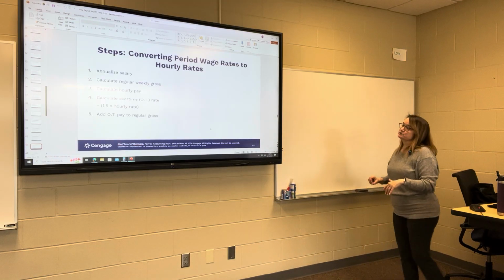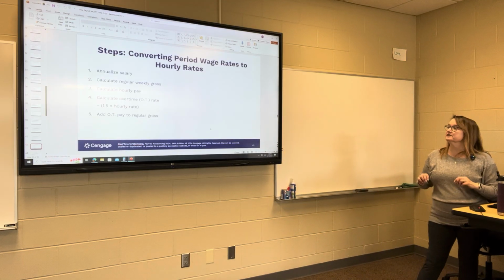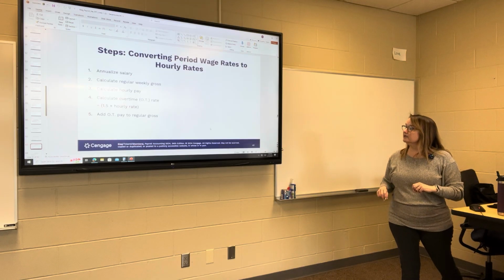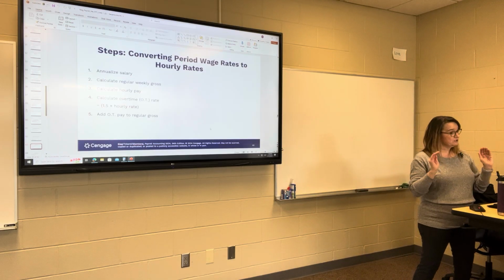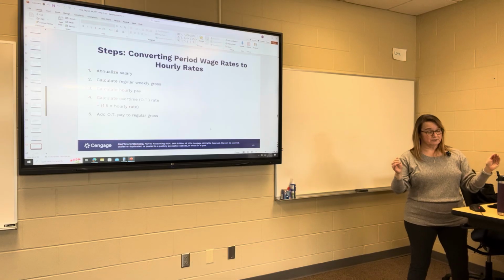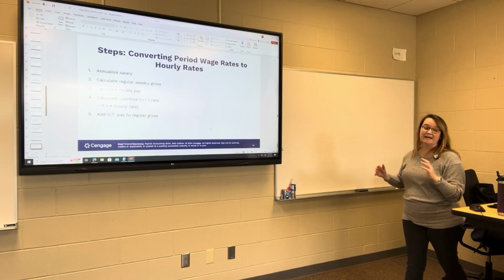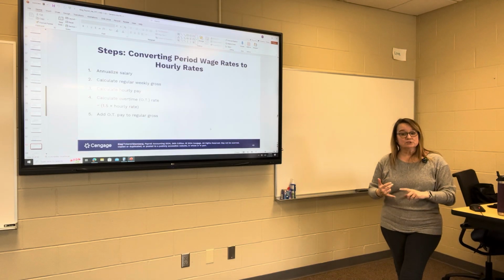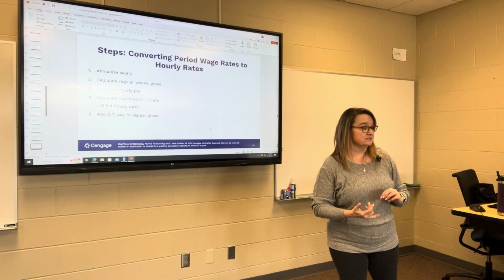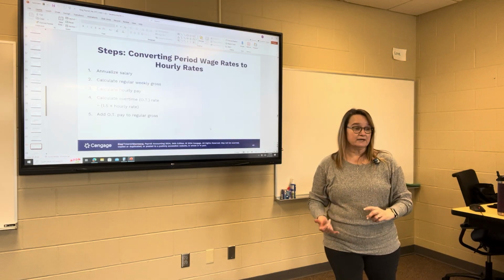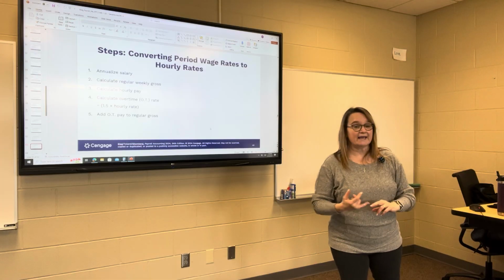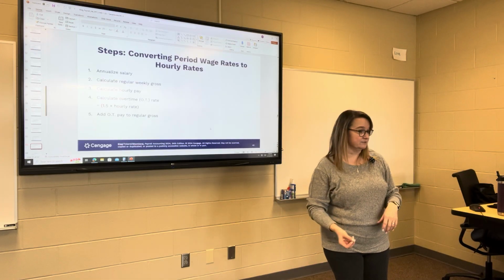Now what we're going to start doing is how do we convert a period wage, so how much somebody in total has made during the period, to an hourly rate. We need to do this if we have an individual that is salaried, but they're entitled to overtime, because we've got to calculate what that overtime rate is.